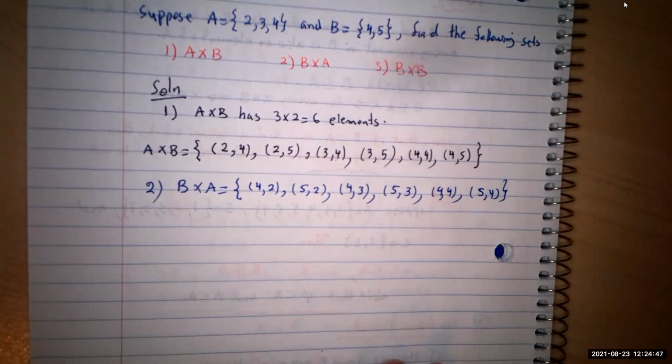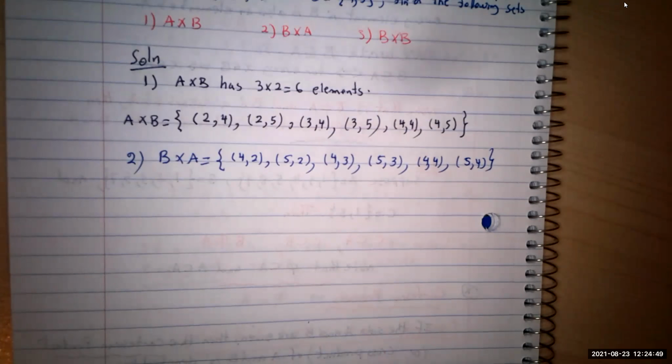That will be B cross A. So they are 2 different things. It's not ordinary multiplication where you say they are equal to each other. In ordinary multiplication, 2 times 5 would be 10, and 5 times 2 would be 10. But here it's different. Make sure that you know the difference. Question?